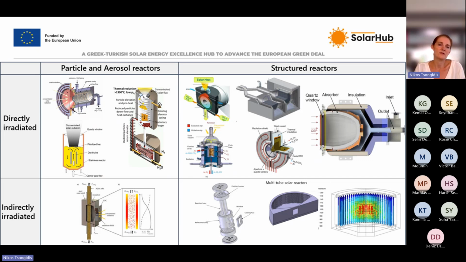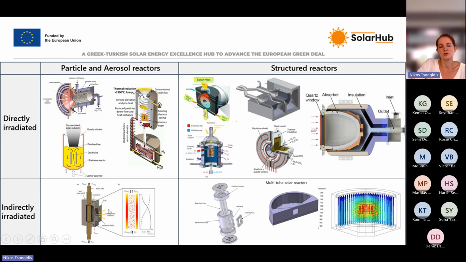So there are particle and aerosol reactors such as fluidized bed reactors, vortex reactors, cavity reactors, as well as packed bed particle reactors that are directly irradiated, which means that they have a window, and through the window, concentrated solar energy enters to heat the metal oxides, to heat the particles.